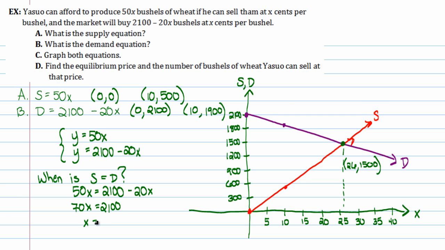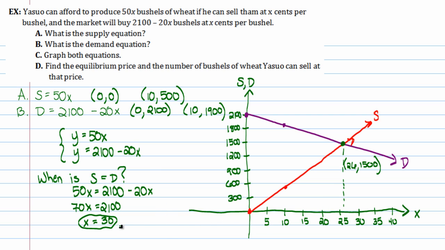Divide both sides by 70, and you get x equals 30. So supply equals demand when x is equal to 30. And this is the tragedy of graphing by hand, that it's never perfect.